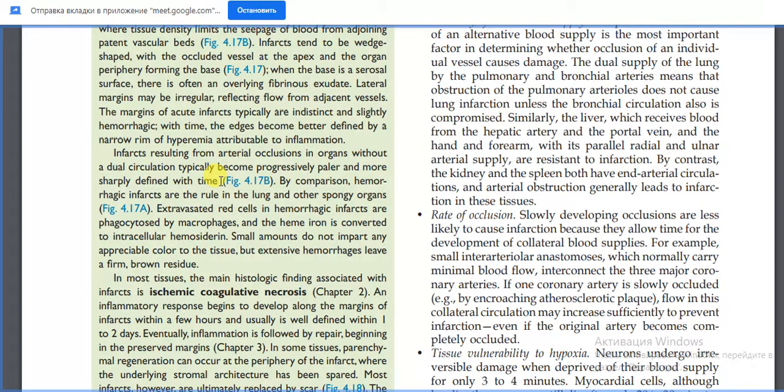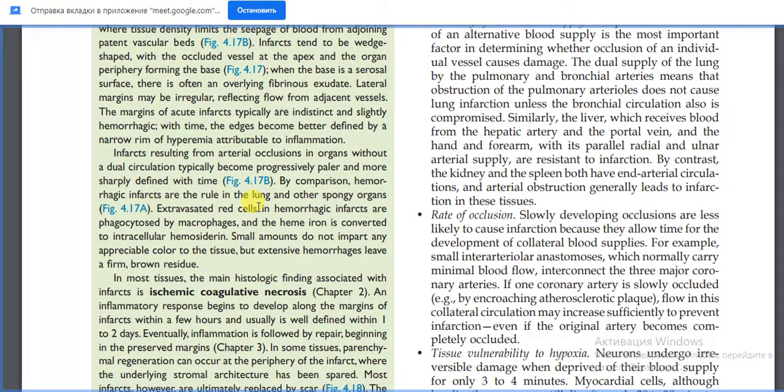Because cells are supplied specifically by this artery, with no double circulation, and only this artery is the source of oxygen, glucose, amino acids and other supplements, gradually they undergo necrosis, and that's why it becomes paler. After some time, it's easier to identify this area.